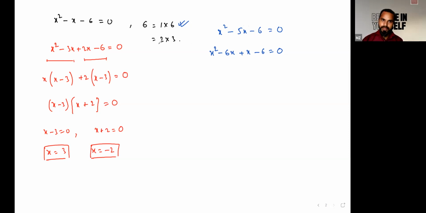So if you arrange in opposite sign, it will give you -3 plus 2 or +3 minus 2. It will give you 1 or -1. But here we have 5. So arrange this particular term. It will give you 6 minus 1 or -6 plus 1. It will give you +5 or -5. That's why I have written it in terms of this.